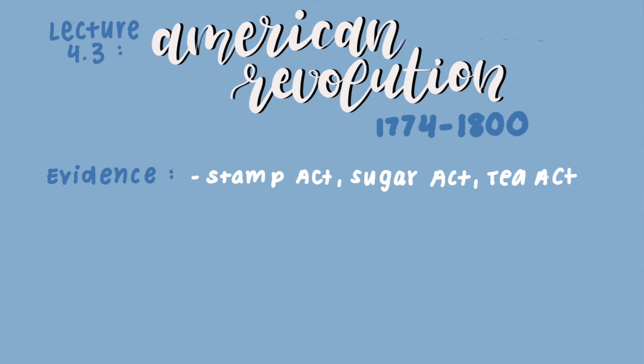Having that as my major trend or pattern, I was able to identify different pieces of examples. For example, I can list different taxes that were being imposed on the American colonists, like the Stamp Act, the Quartering Act, the Sugar Act, and the Tea Act. Those are all really good examples of the British taxing the colonists.